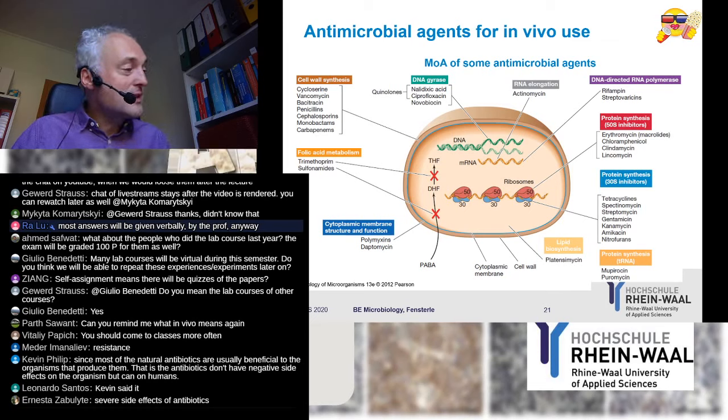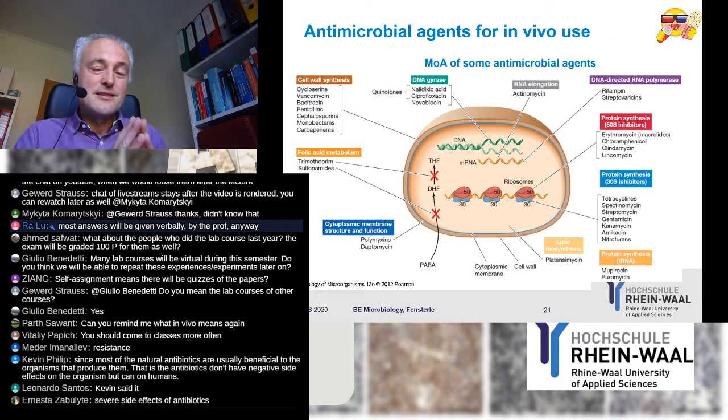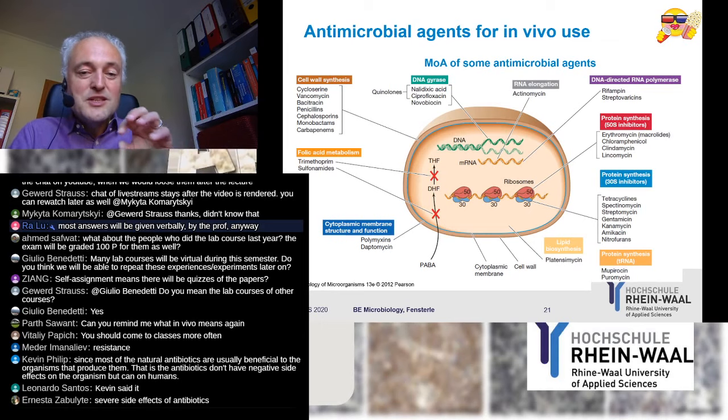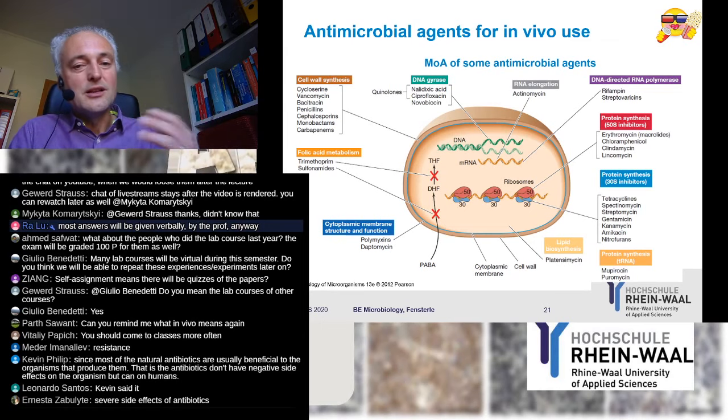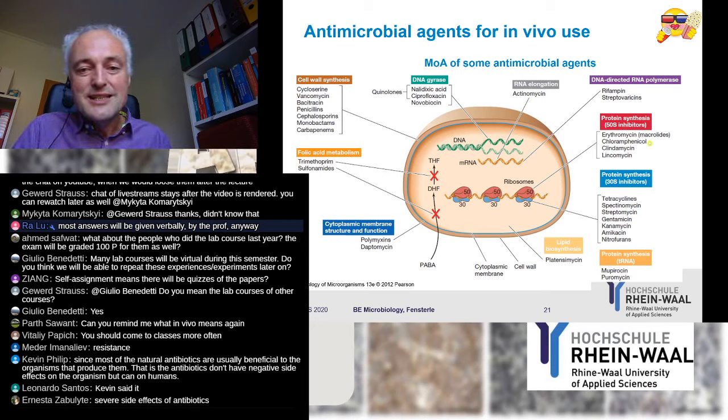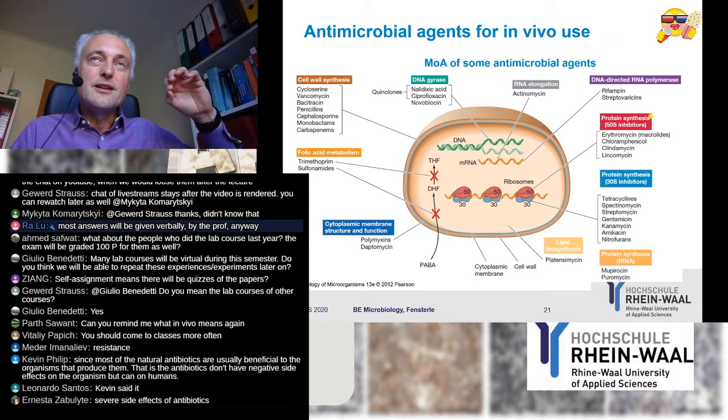So this is exactly one thing, the severe side effects of antibiotics. Many antibiotics, as I said, the important thing is that there is a high specificity to the bacterial system. So if you have an antibiotic which is highly specific to the bacterial ribosome, there are two effects.